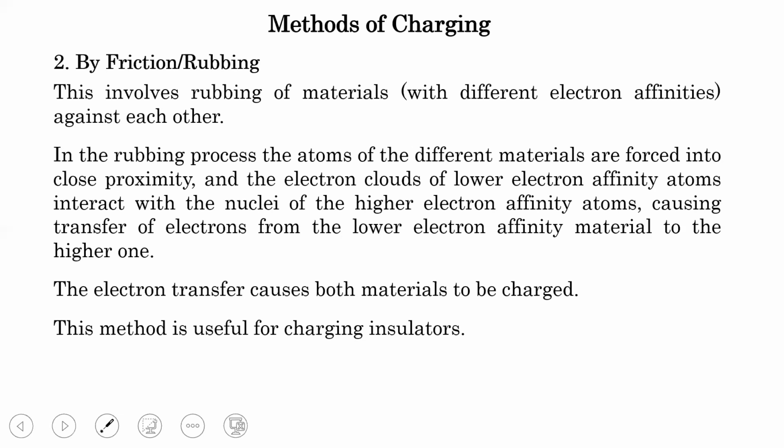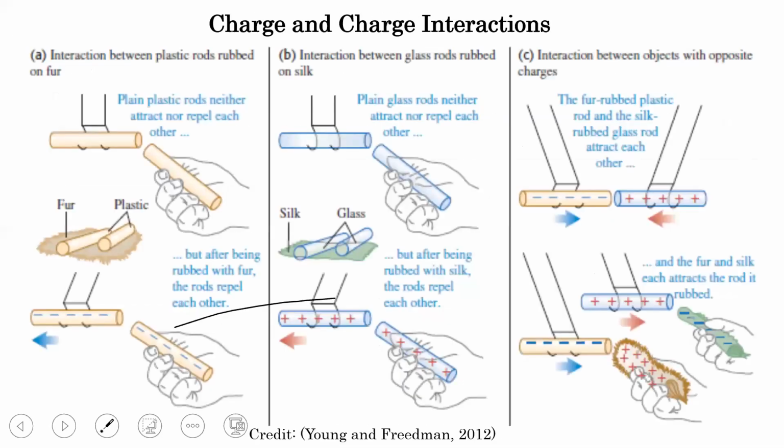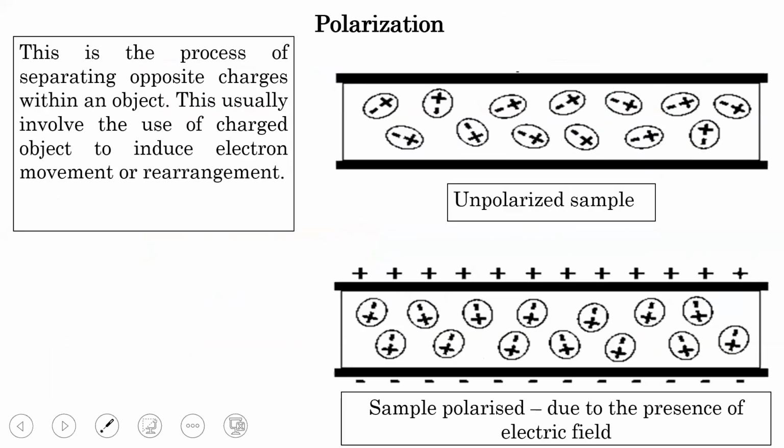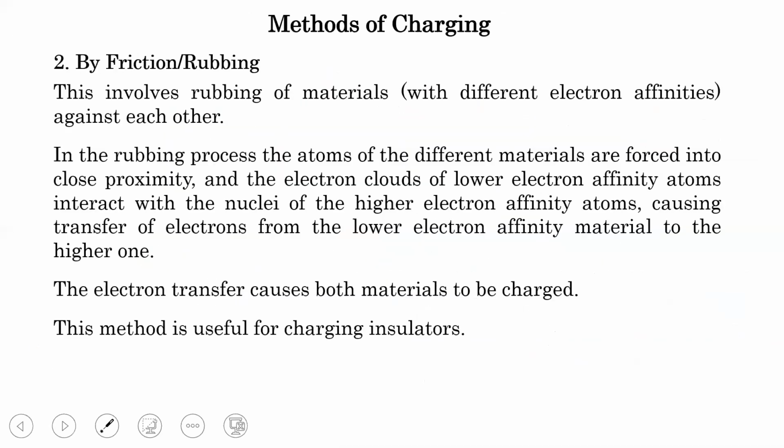There is also charging by friction or rubbing. Charging by friction or rubbing is similar to what we discussed on this page. The glass rods and the plastic rods were charged by rubbing. That's a brief summary of what happened there.